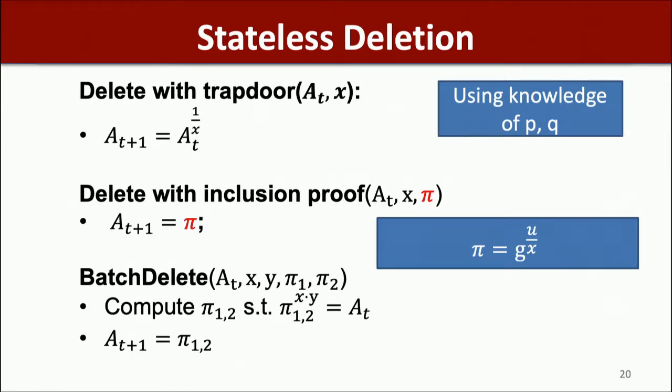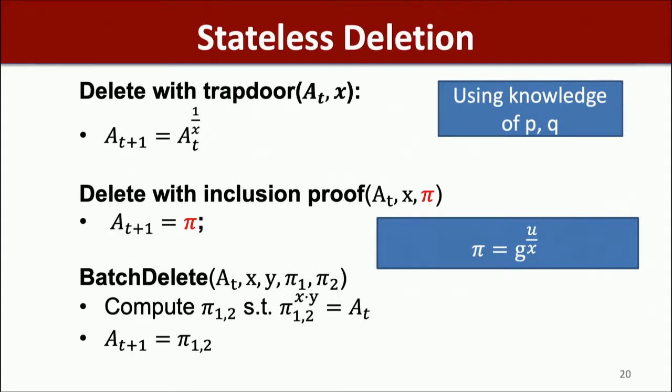It turns out that the same trick that we used before to combine the inclusion proofs serves us again. So we combine all of these inclusion proofs into a single updated inclusion proof, and this will be exactly the accumulator with all of the items removed.